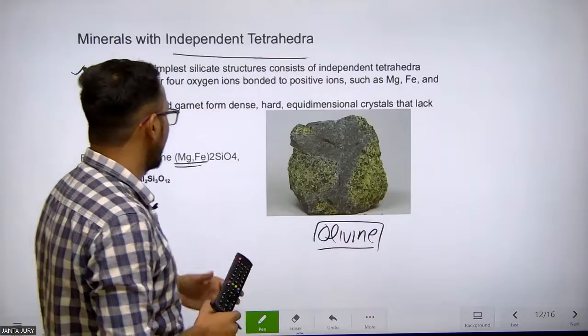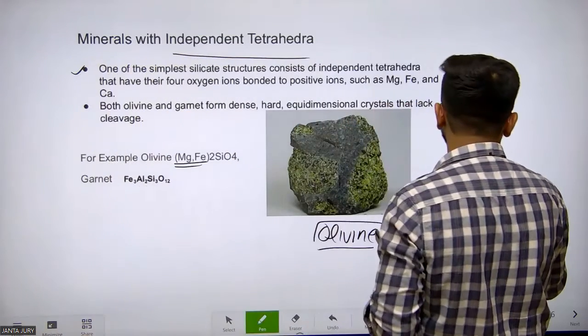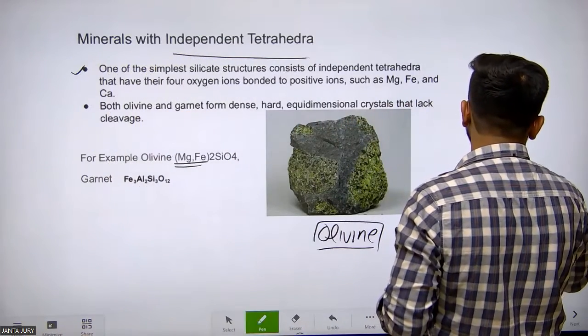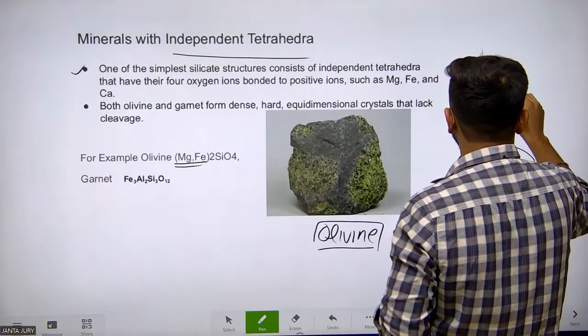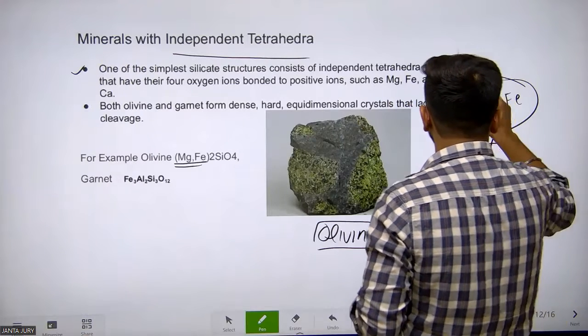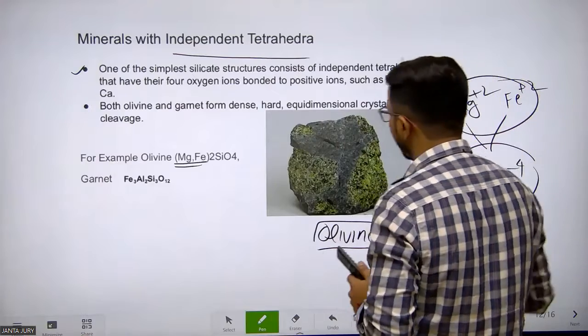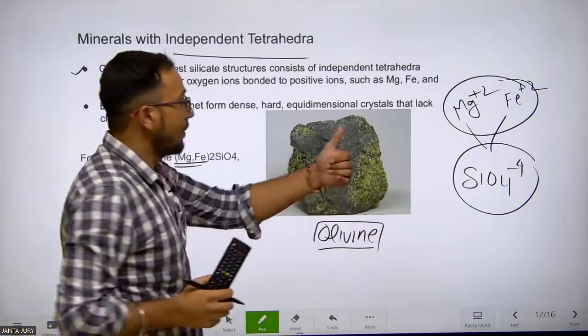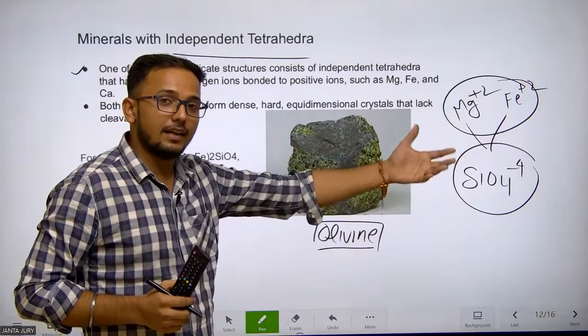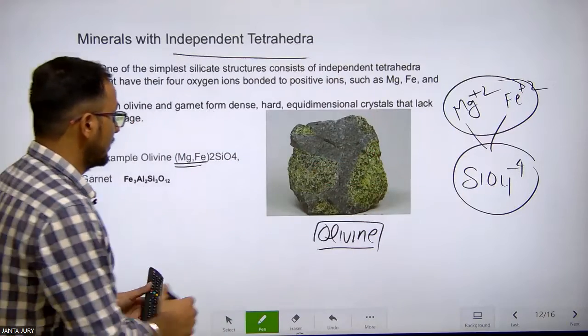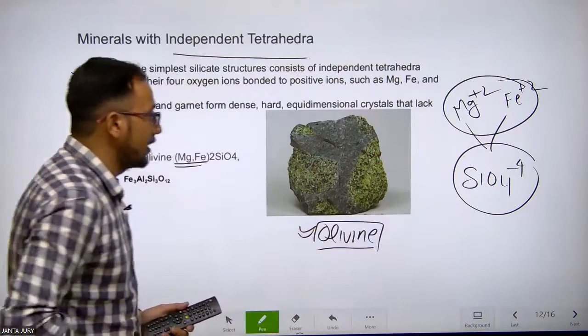When this SiO4 minus makes a bond with magnesium and iron, each of which has a plus 2 charge, they become chemically and electrically stabilized. So this forms olivine minerals.